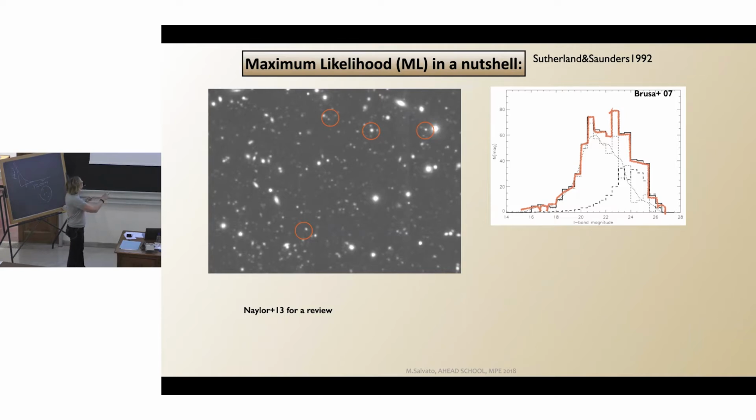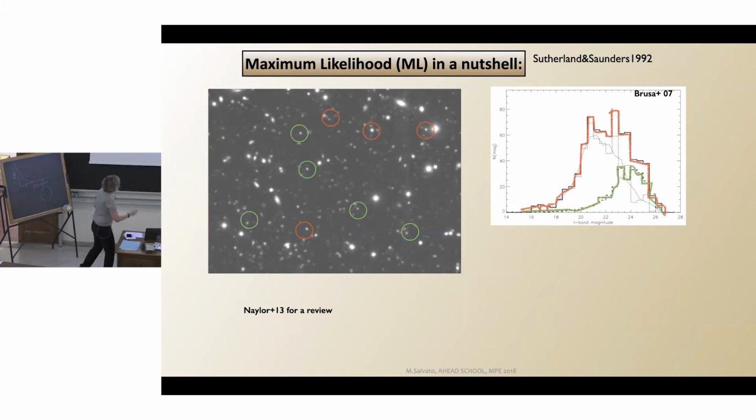They will count all the objects that are within that circle, and they will make the histogram of the flux distribution. Instead of flux, it is the logarithm of the flux, a magnitude, okay? But essentially it is a flux.